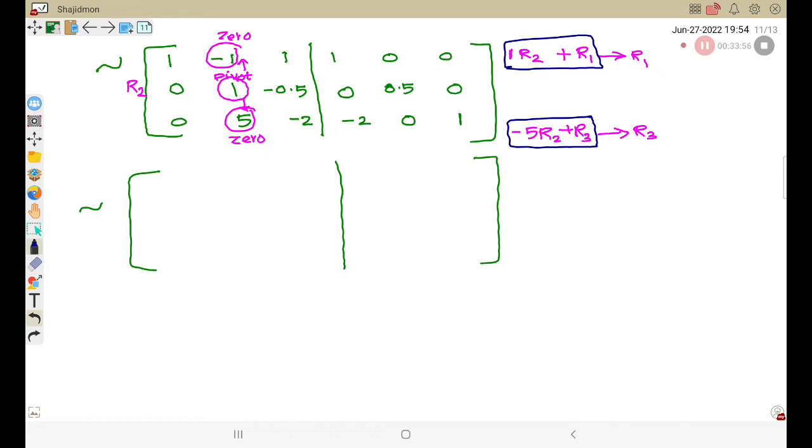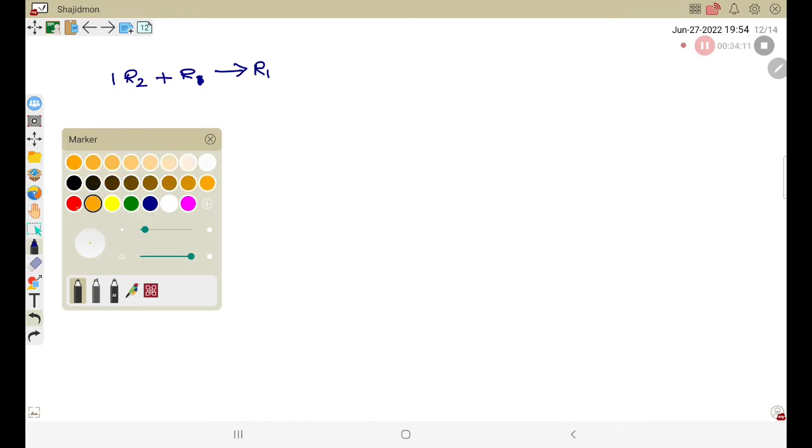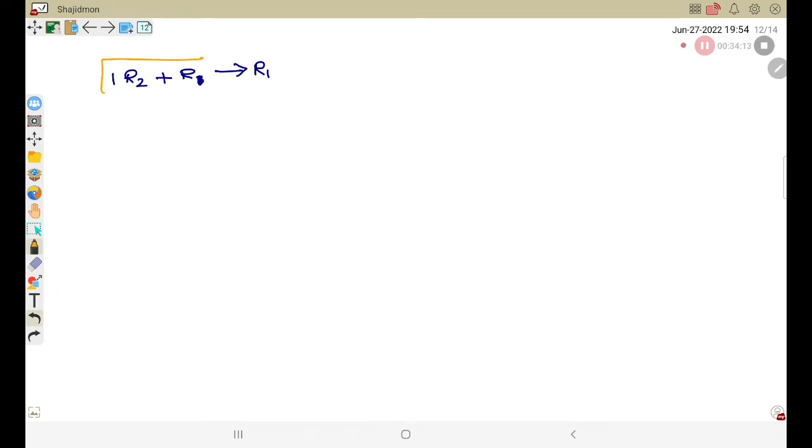I will show the steps on the next slide if you want. 1 multiply R2 plus R1 gives new R1, correct. So what is the meaning? We discussed in 5.2. This is the new output row, the new output first row.